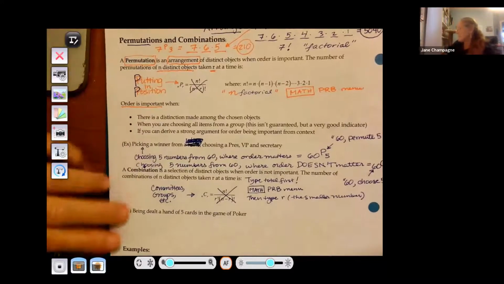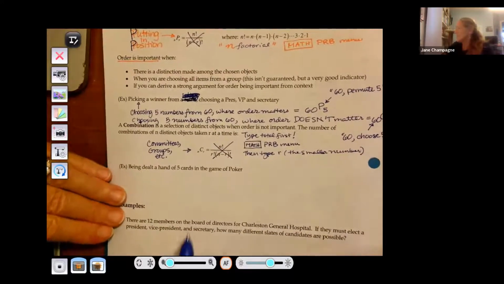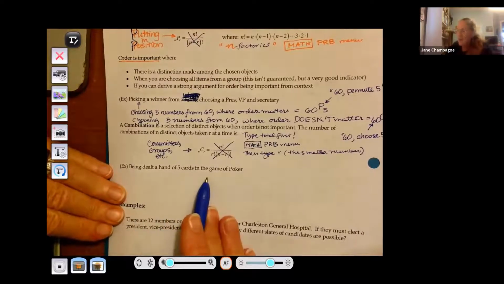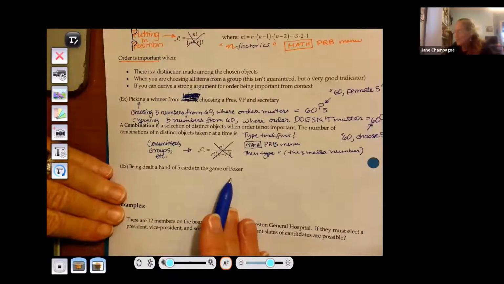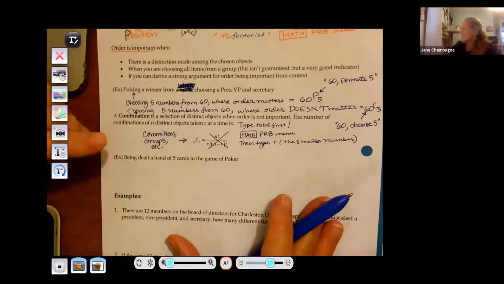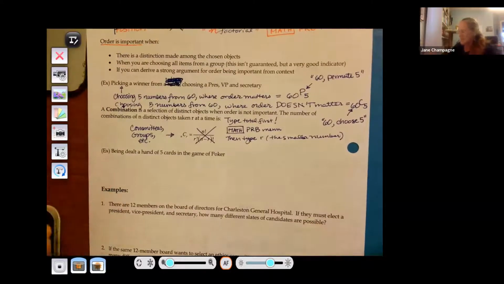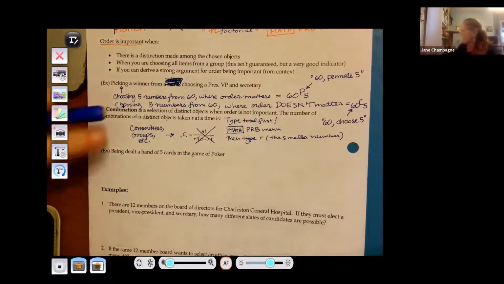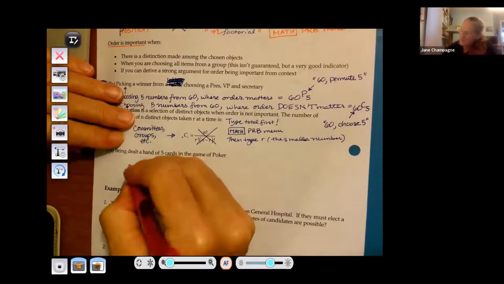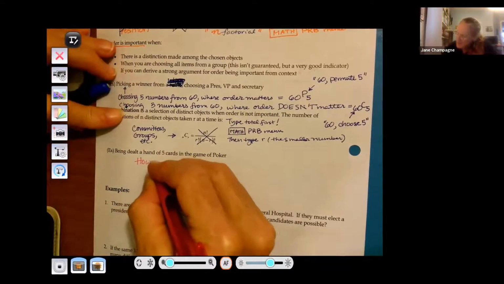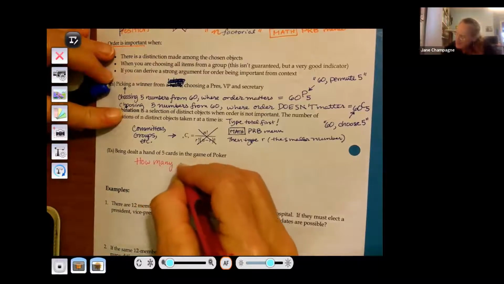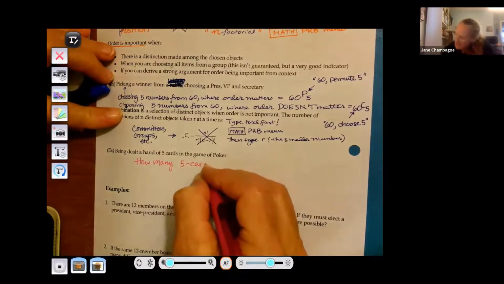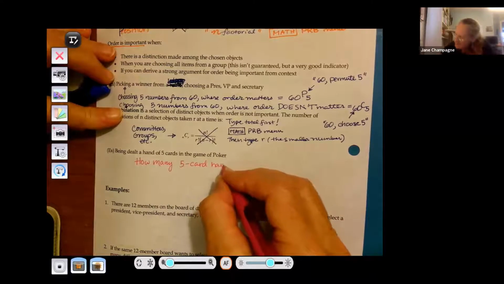Okay, so an example here would be being dealt a hand of 5 cards in the game of poker. So in particular, let's look at how many 5-card hands there are.